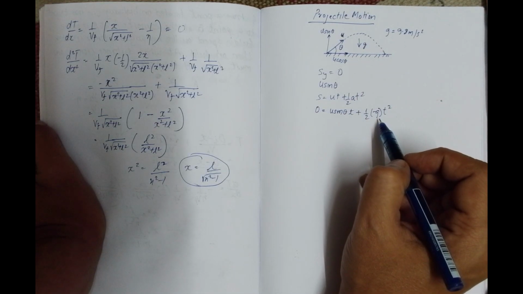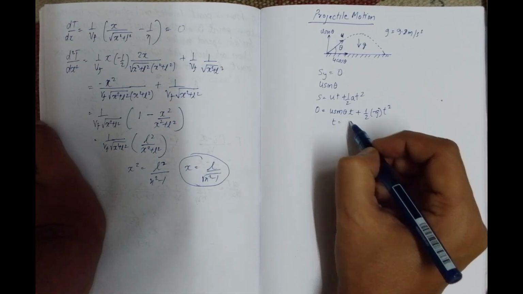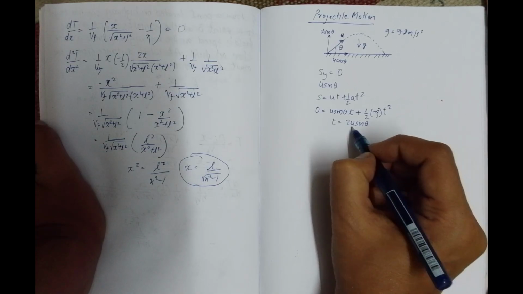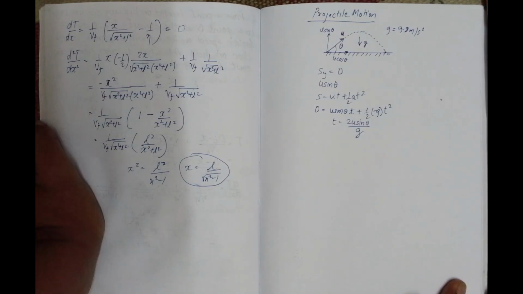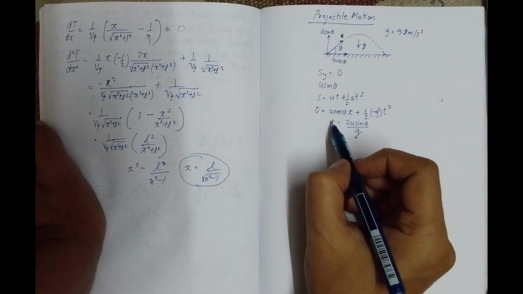So g is negative. If you solve this equation, t is equal to 2u sin theta by g. This is the total time of flight.